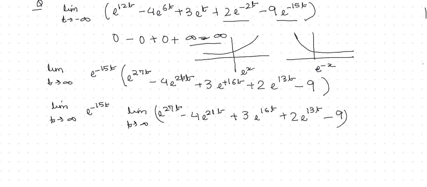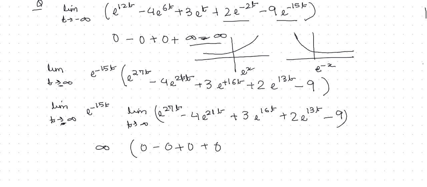So as we see in this graph, as t tends to negative infinity, this gives us infinity, and when these go to negative infinity, they just give 0.